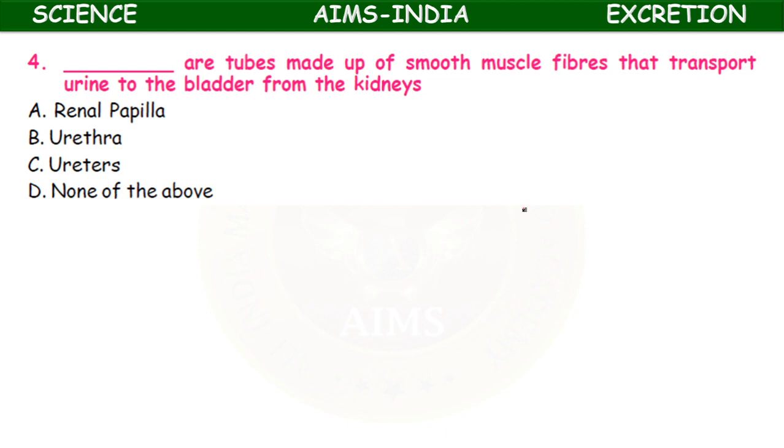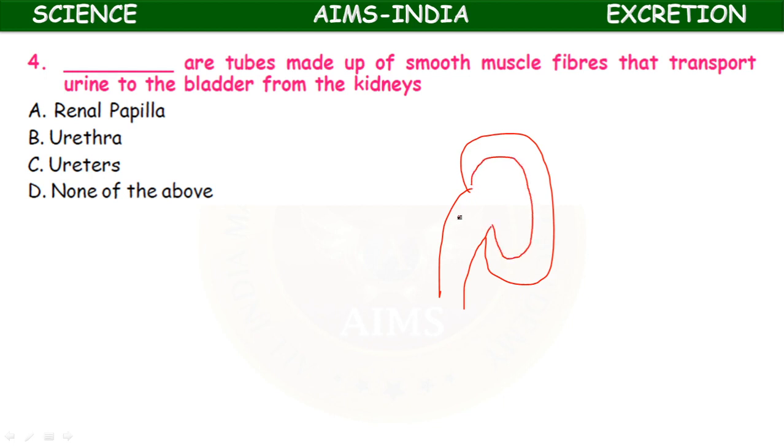If you take the kidney, for example, this is the pelvis region, and these are the ureters, tube-like structures through which the urine is transported to the urinary bladder. There are two ureters.